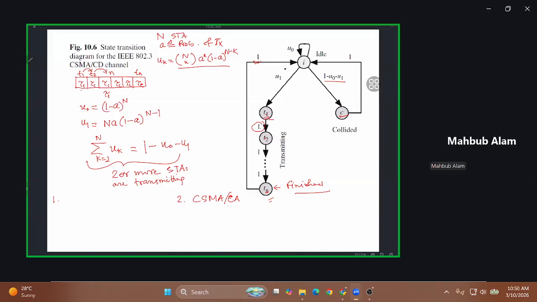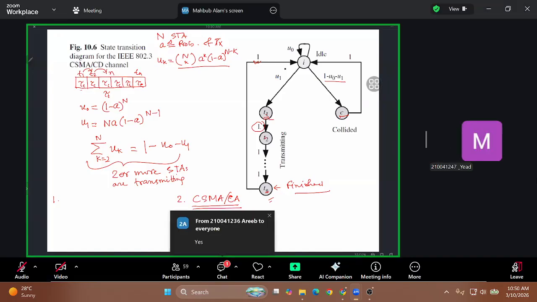In case of CSMA/CA, I actually asked the question, what will happen if the protocol would be CSMA/CA? Does anybody have any idea? Is anyone hearing?